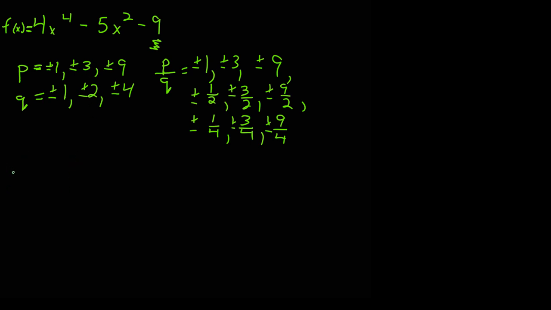So using Descartes' rule of signs, I count my sign changes. Starts out positive, I change to negative, I stay negative. So there's one sign change. So I have one and only one positive real.